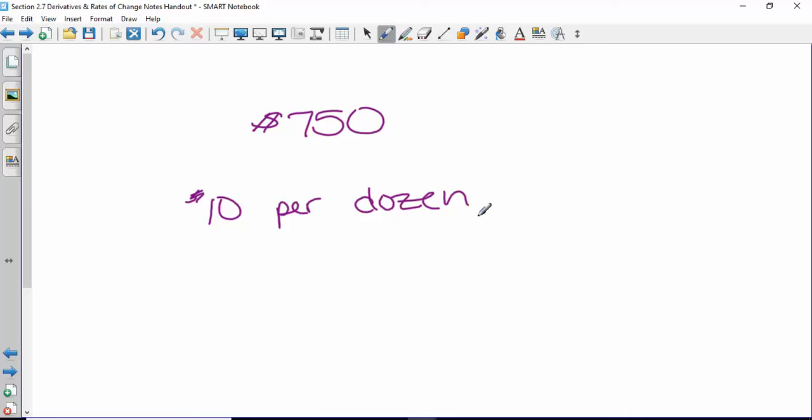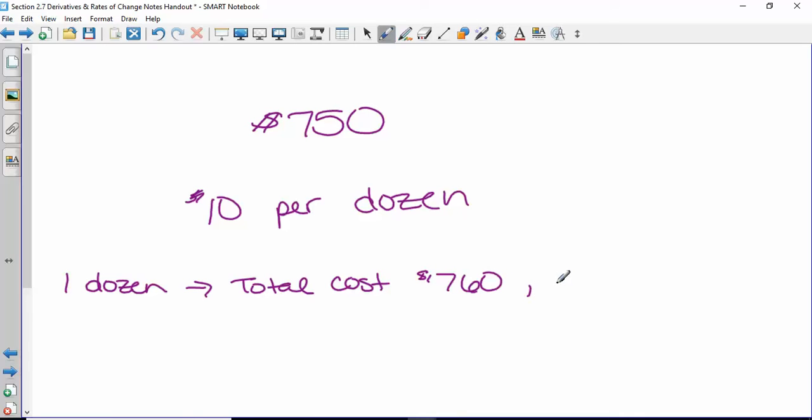Let me write that up. So if we make 1 dozen, my total cost is $760. So that means my cost per cupcake was $760 divided by 12.